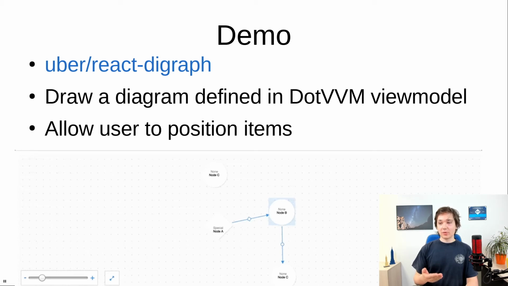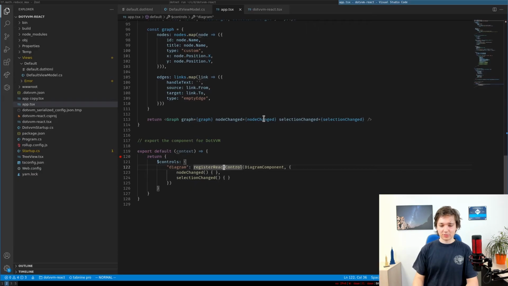And we will also do backwards data binding, because the component allows changing the position of these events. It also allows adding new edges, but I was too lazy to implement support for that. So we will only support binding the positions back into the view model, and I will show you that you can then modify it either in the .vvm page or in the React component. It doesn't matter, it will be bound together.